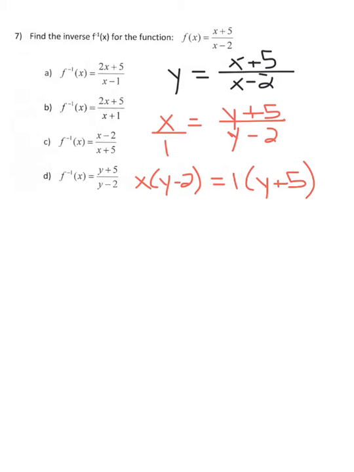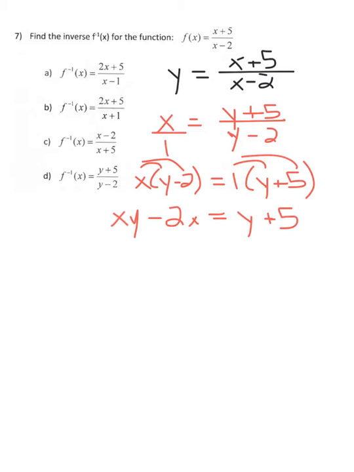So when we distribute, I'm going to distribute the x to both terms, so that'll give me xy, and then minus 2 times x is just 2x. And then on the right-hand side of the equation, when you distribute a 1 to both terms, it just stays the same. It stays as y plus 5.